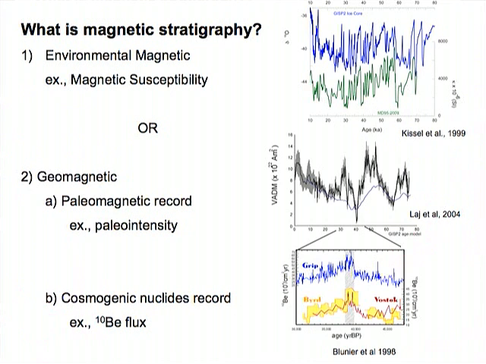So how those variations are going to affect the paleomagnetic record. As examples, we give the paleointensity record here, and then an example of cosmogenic nuclide flux. We're looking at the beryllium-10 in ice cores both in the southern hemisphere and in the northern hemisphere, and this large anomaly associated with the low paleointensity that's associated with the Laschamp excursion.